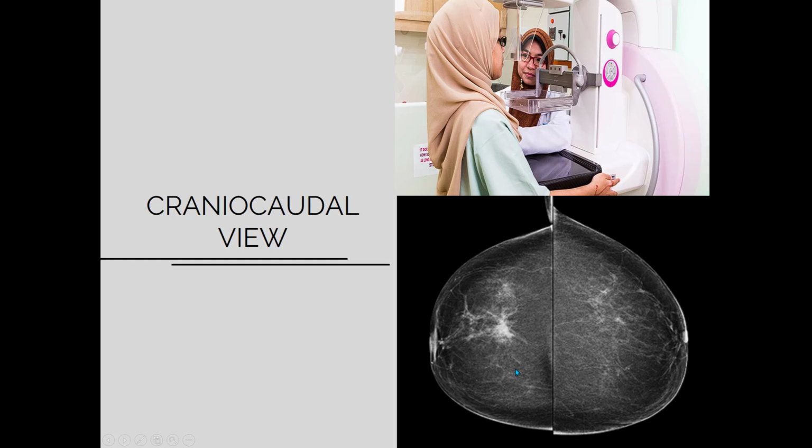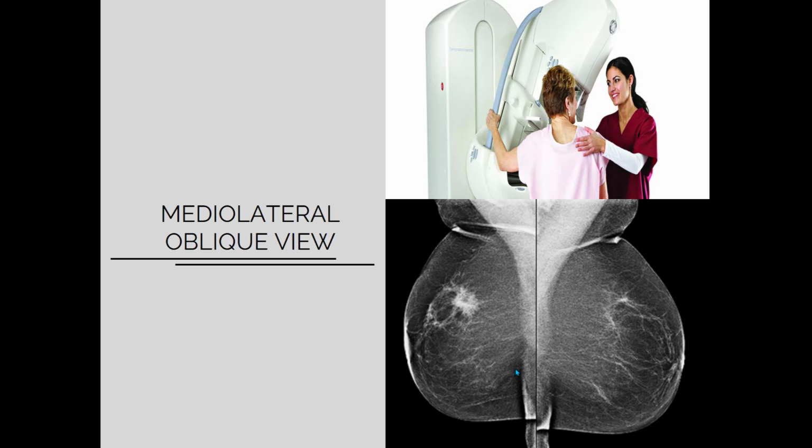So this is craniocaudal view, and it is very important that you mention it whenever we give you any mammogram. And this is mediolateral oblique: the machine is angled obliquely and then the breast is pressed obliquely, so you can see the pectoralis muscle also appearing.